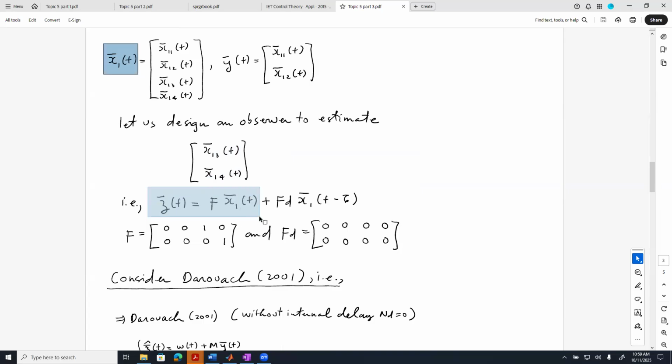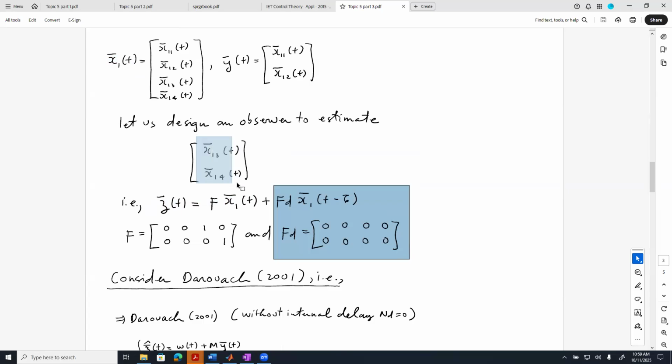That is the functional observer in the existing literature, and it means that FD here is 0, so we basically ignore that bit. If we want an observer to estimate these two unmeasurable variables, that is the bit there.